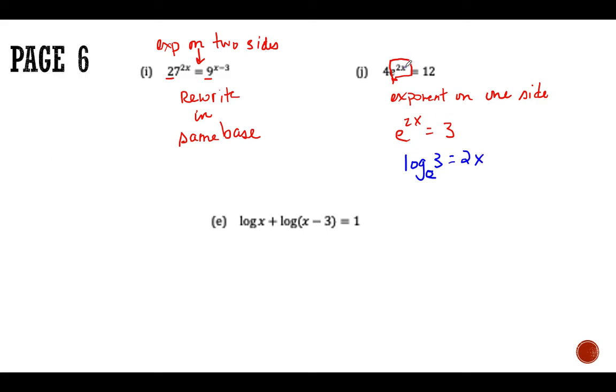Notice x was up in exponential land, and logs got it down. We don't write it this way, though. We write it like this. Get x by itself. You're done. You do have to know your log rules and your exponent rules, because this is not going to be a calculus problem. It's going to be the end of a calculus problem.